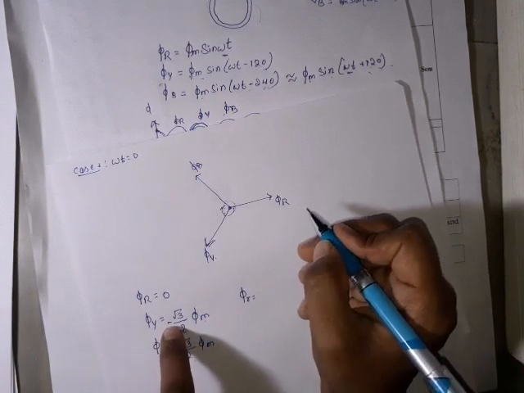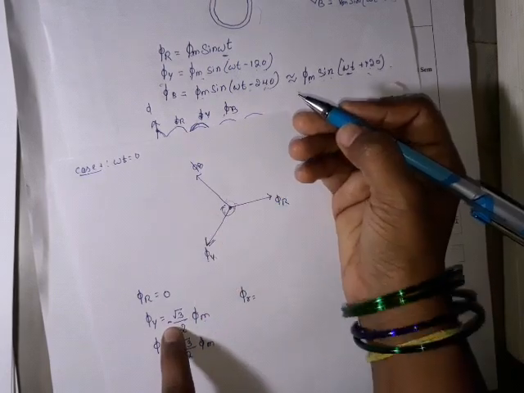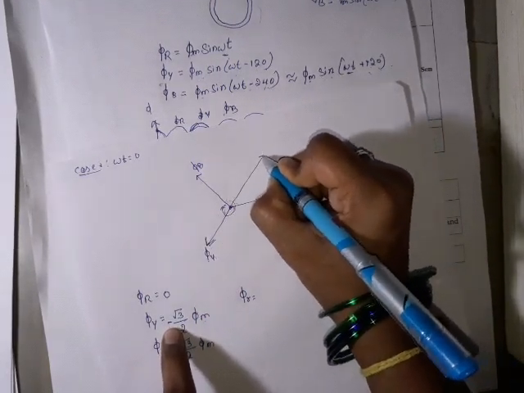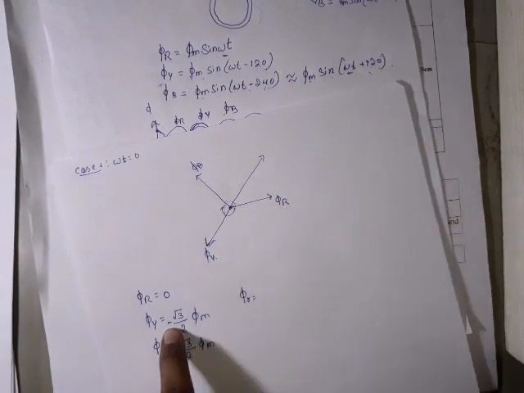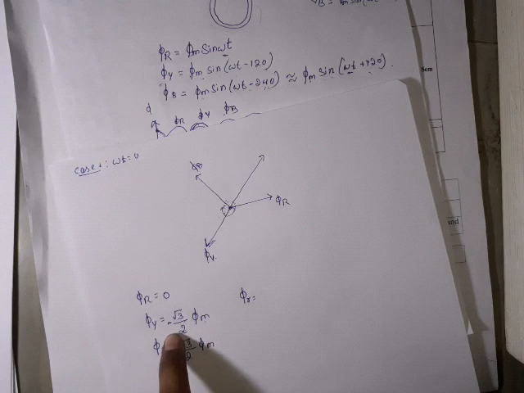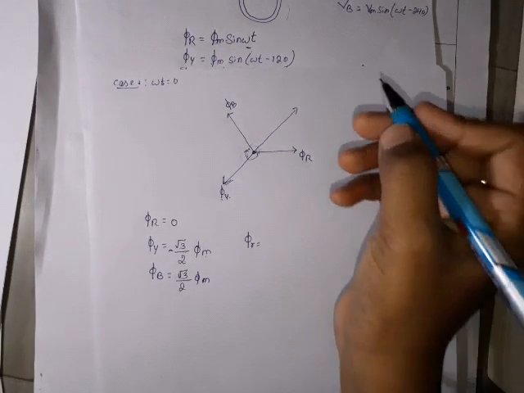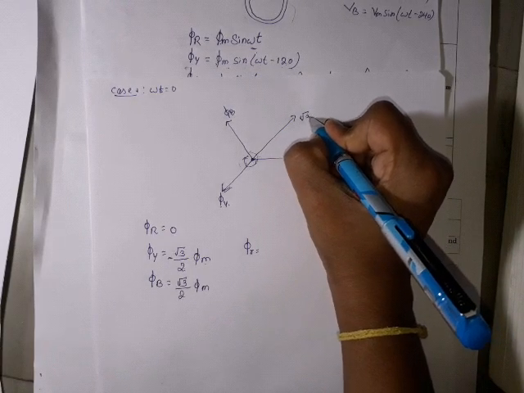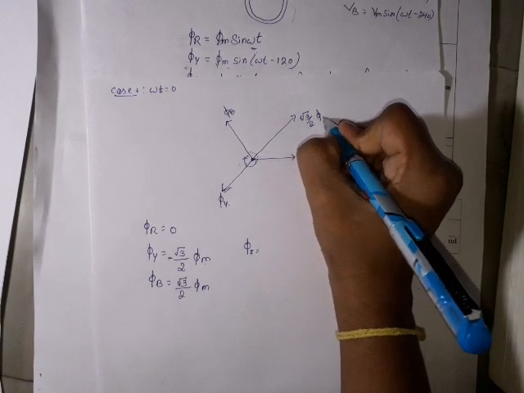So I have to get minus. Minus means opposite direction. So in the opposite direction, and this magnitude is root 3 by 2 times phi m.